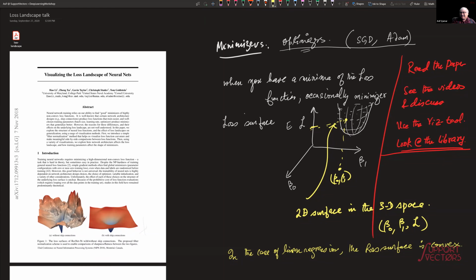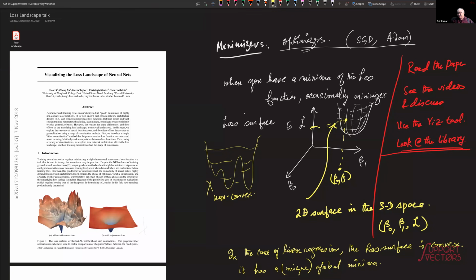You can see that it doesn't have the concavities, the non-convexities. It doesn't go like this. So you don't see a surface like this. This is not convex. Whereas in the case of linear regression, the loss surface is convex. It has a global minima. It has a unique global minima.